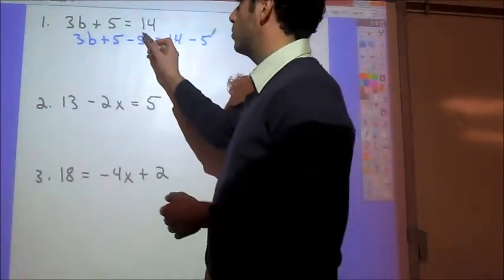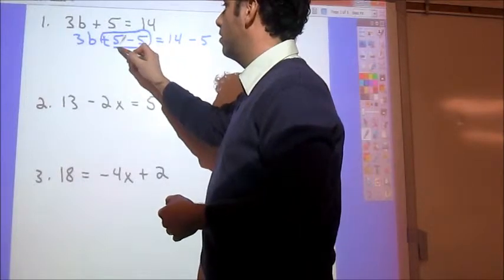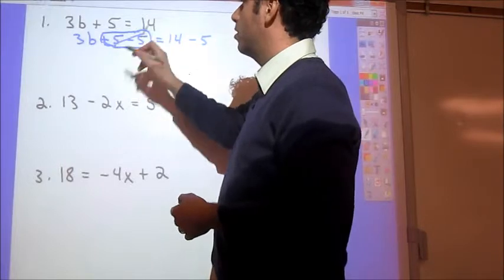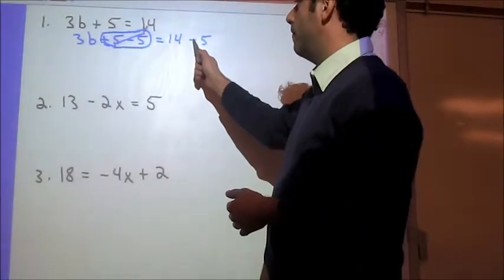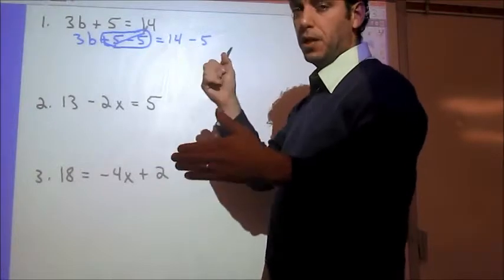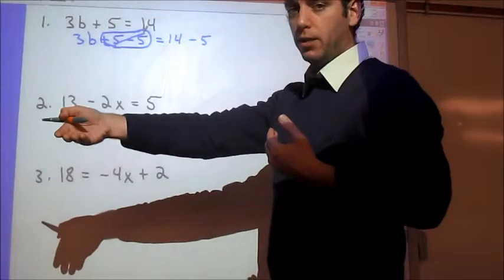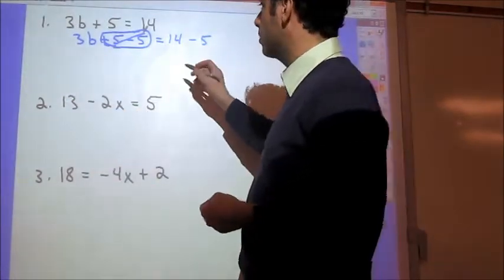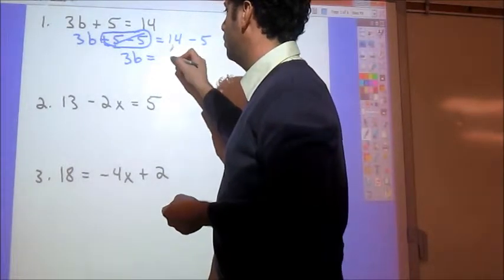What we're doing here is subtracting 5 from positive 5 so that we can get rid of it. And we're subtracting 5 from the 14 because we are following the golden rule of algebra. What we do to one side, we've got to do to the other. Otherwise, it's imbalanced. So 14 minus 5 is going to leave us with 3b is equal to 9.